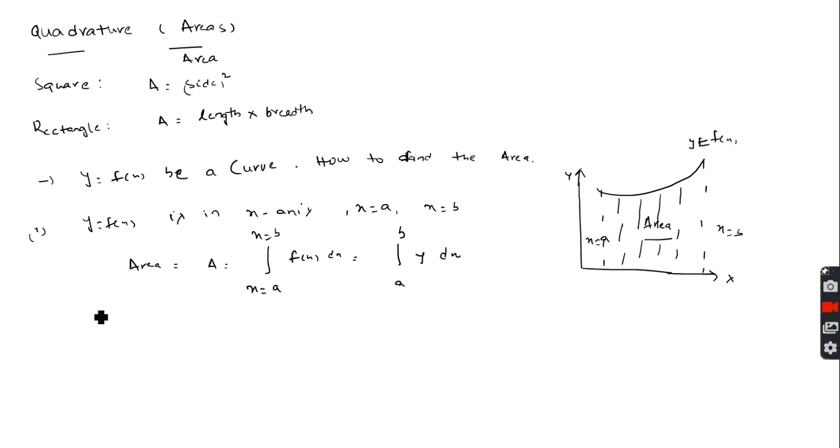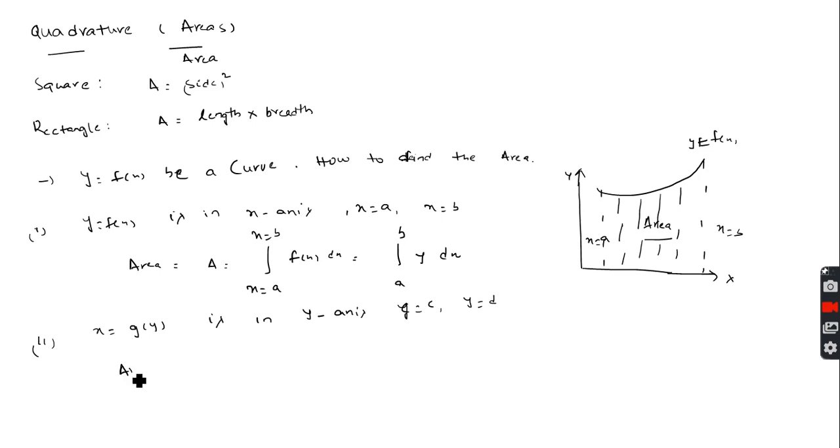Okay, suppose the second one is x equal to g of y, a function in y, in the y axis, and y is equal to c and y is equal to d, the ordinates.